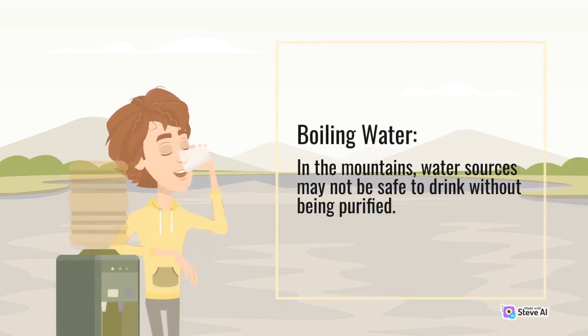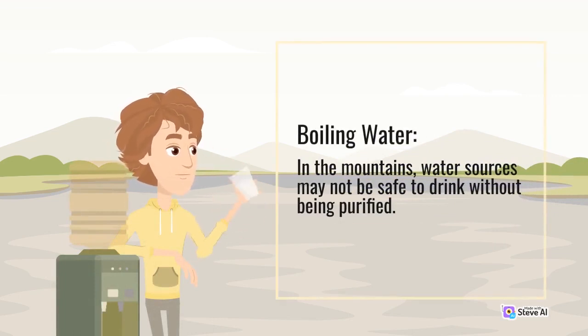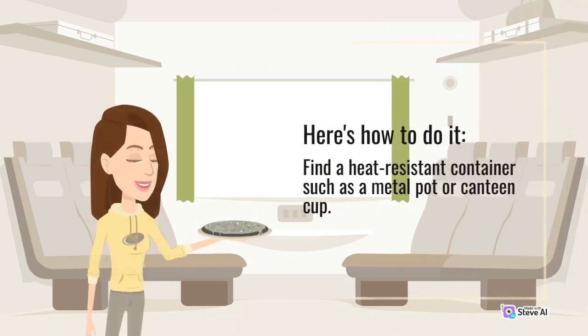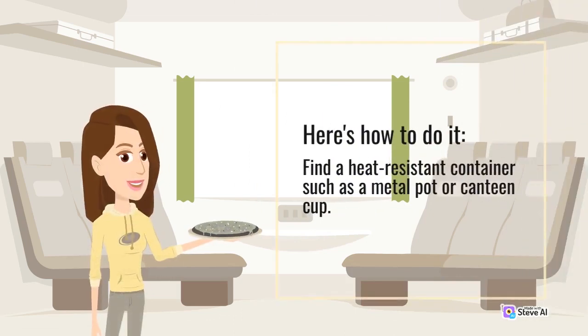Boiling water. In the mountains, water sources may not be safe to drink without being purified. Boiling water is a simple and effective way to kill bacteria and other pathogens. Here's how to do it. Find a heat-resistant container such as a metal pot or canteen cup.